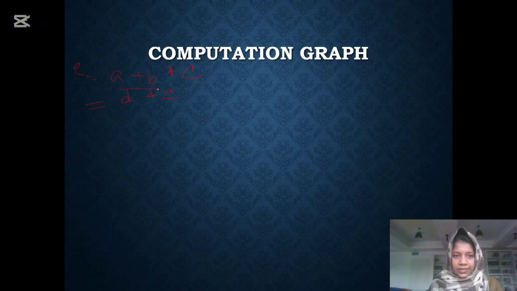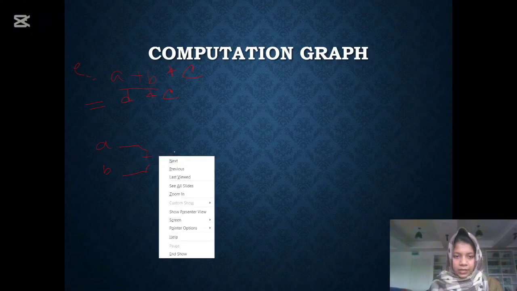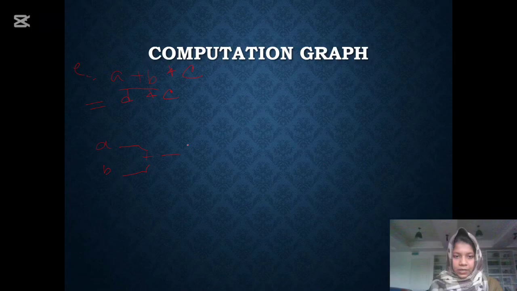First, let's take the inputs, that is A and B. Then we will take the plus sign, and this becomes D, then another input, that is C, and they both get multiplied, and the final output becomes E.